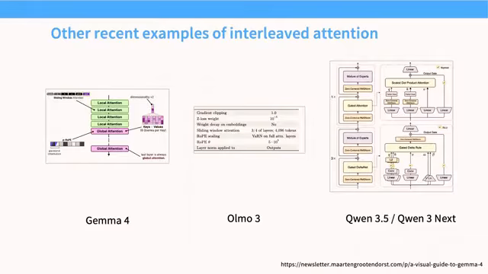Qwen 3.5, which I've put on the right, is a little bit different because they alternate a state space model called gated delta net with a full attention, one full attention every 4 layers. So it's the same alternating structure, but they're using a different cheap layer. In their case, they're using a state space model, which I'll explain next lecture, instead of a sliding window local attention.